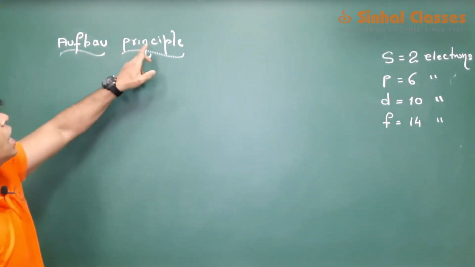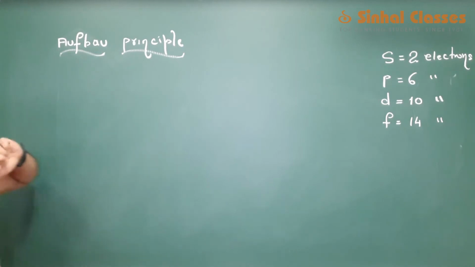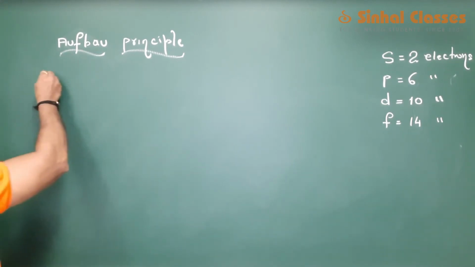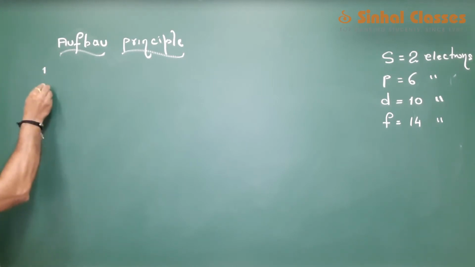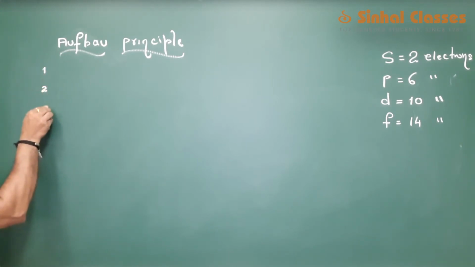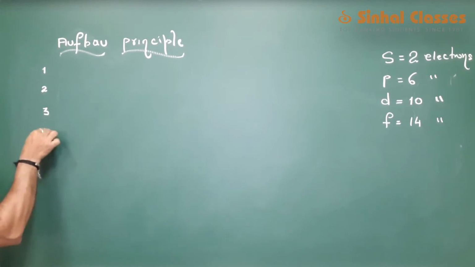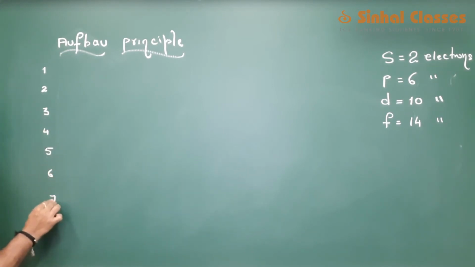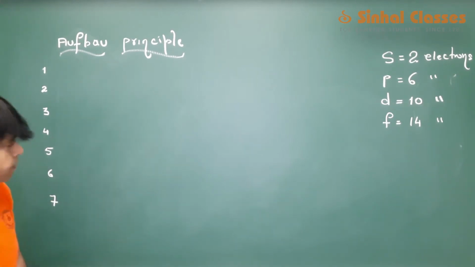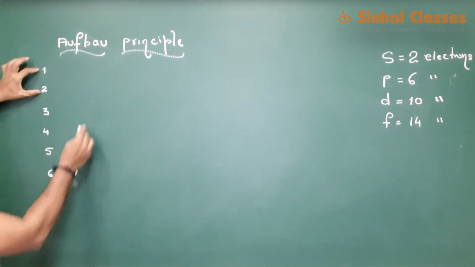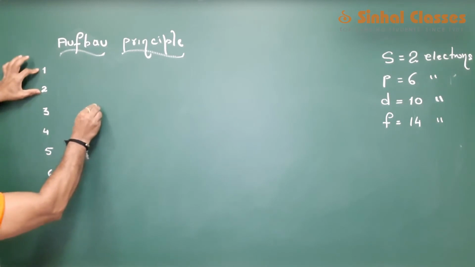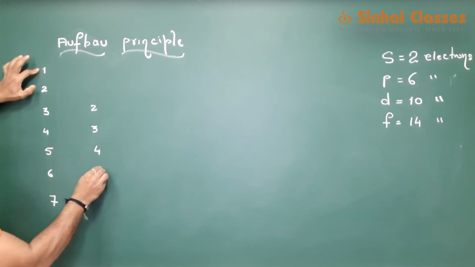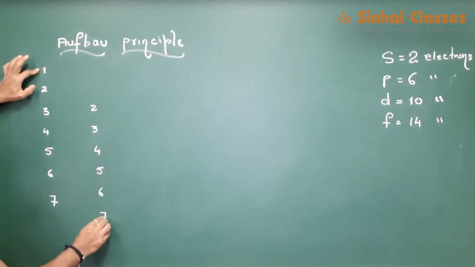Now let's see how we go for the Aufbau principle. For that you do one thing. You first write the numbers 1, 2, 3, 4, 5, 6 and 7 in this manner. After that, leave the first number and start with 2, 3, 4, 5, 6 and 7.